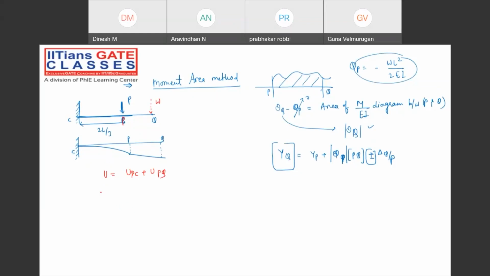After finding the strain energy, to calculate the deflection at point Q, differentiate the total strain energy with respect to W. After that, put W equal to 0 in the final equation, and whatever the answer is, that is directly the deflection. That is Castigliano's method.